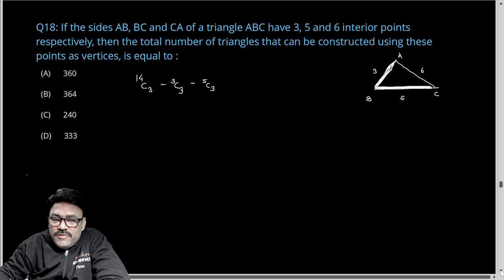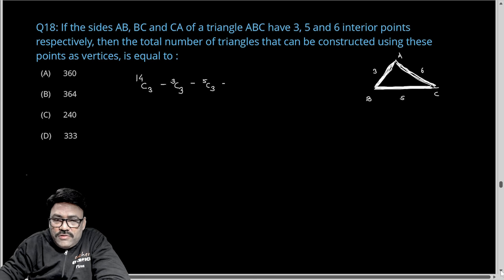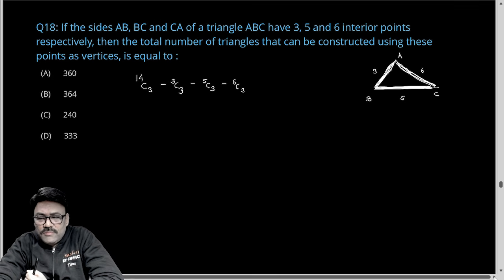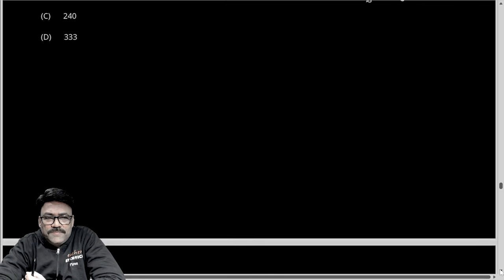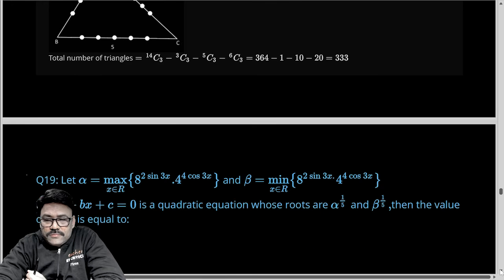So 5C3 will be subtracted. And any 3 points from these 6 points will not give a triangle, so 6C3 should also be subtracted. So this will be your final answer: 14C3 minus 3C3 minus 5C3 minus 6C3. Just simplify. 333 will be your correct answer here.